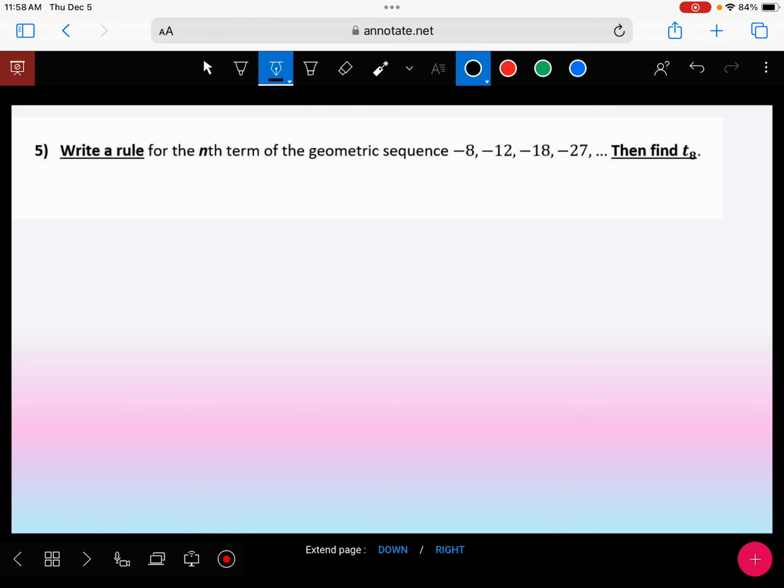All right, a couple more for the day. Number 5, go ahead, write your rule. So I'll give you a couple minutes to write your rule. We have our first term. It told you that it's geometric, so find your common ratio and write your general rule.